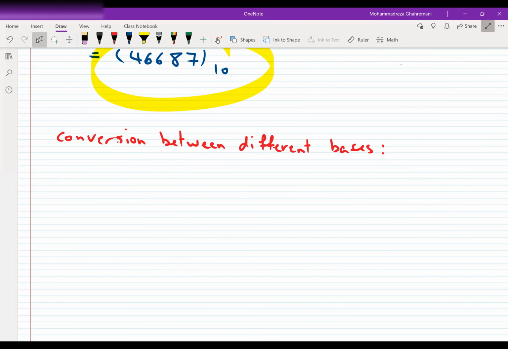So first, let's talk about integer numbers. We have two methods. One is subtraction method, and the second one is division method.